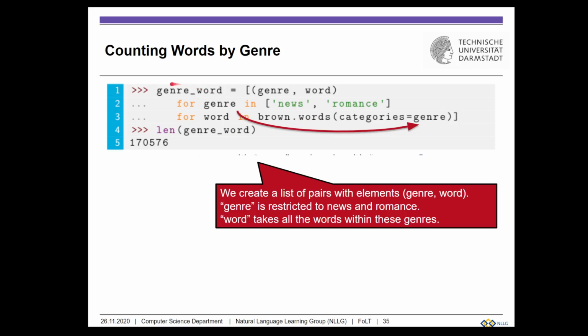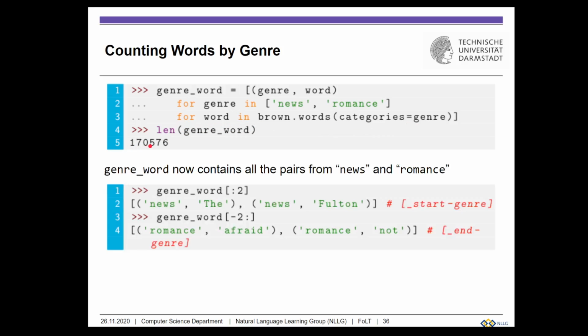Okay, we generate our list of pairs, and then we can count how many pairs we have. It's roughly 170,000. Good. So now this variable, genre_word, contains all the genre-word pairs from the news and romance domains.